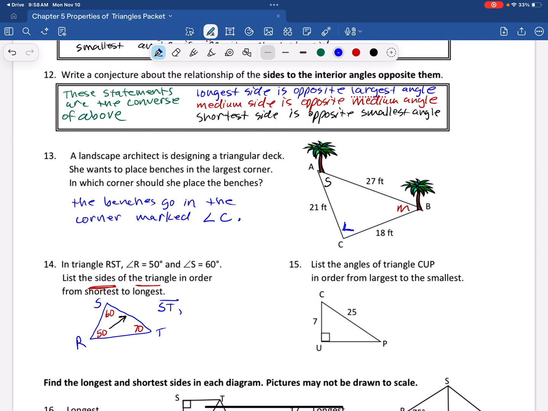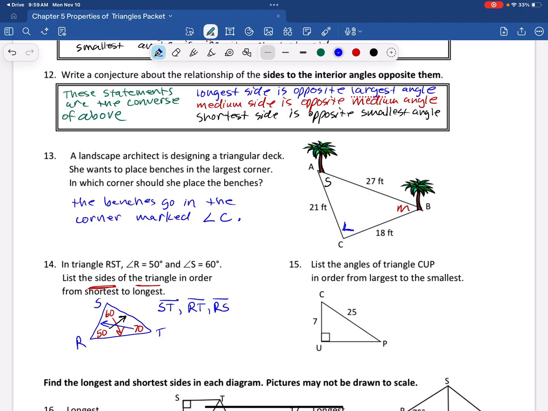And then the 60 goes to RT, so that's going to be the medium side. And then the largest angle is opposite of RS or SR, and so that's going to be the longest side.